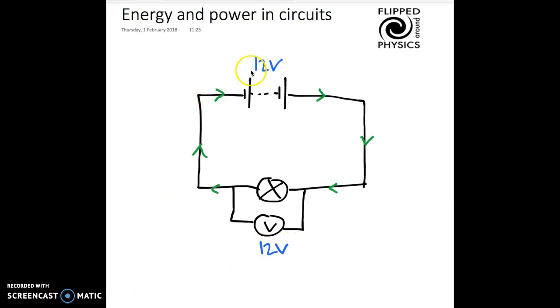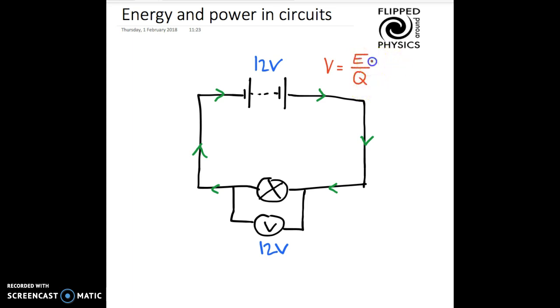A 12-volt battery means that for each coulomb of charge that passes through the battery, a coulomb of charge will pick up 12 joules of energy. We write voltage equals energy per charge, or energy per coulomb of charge.